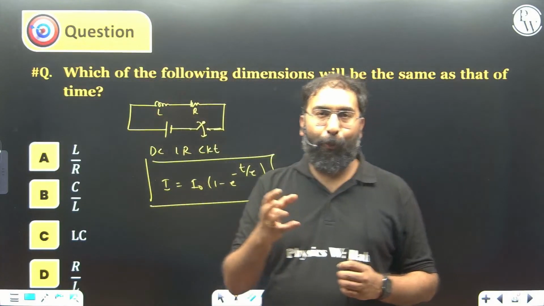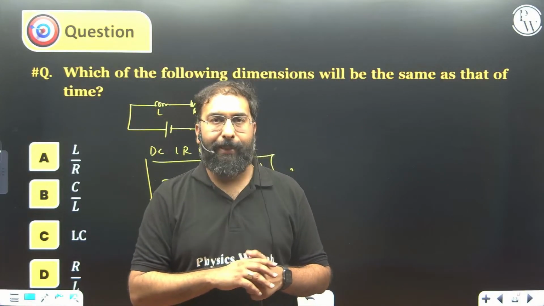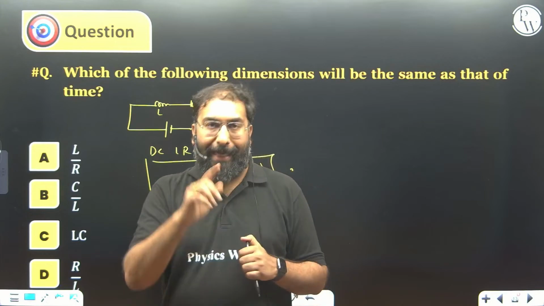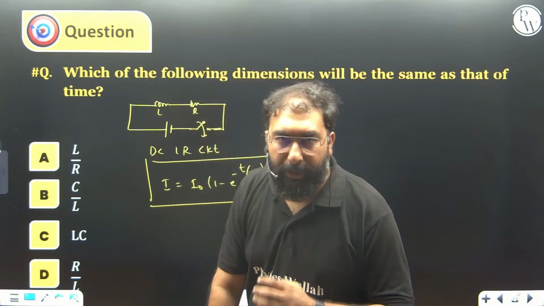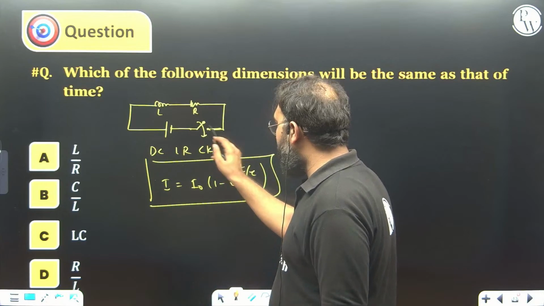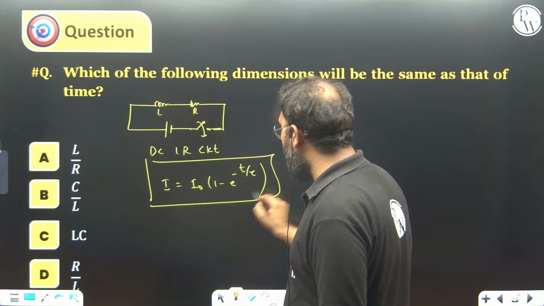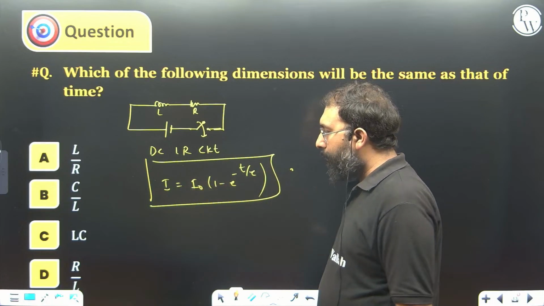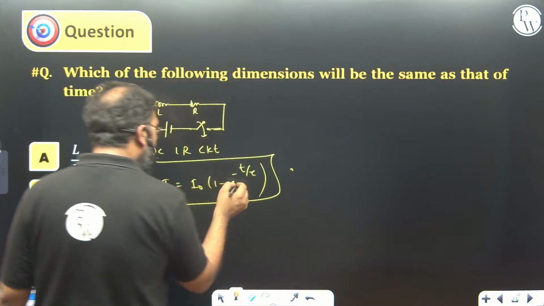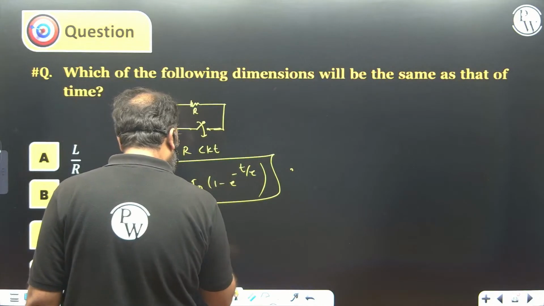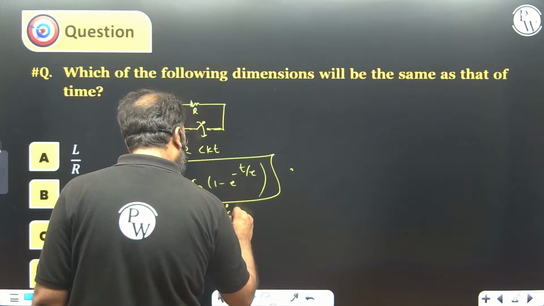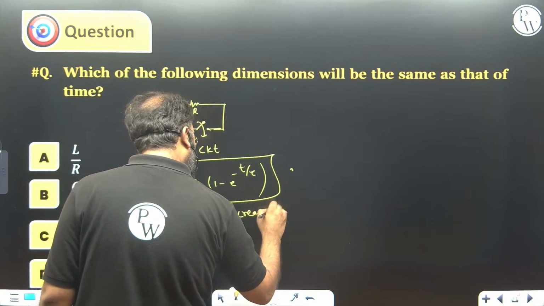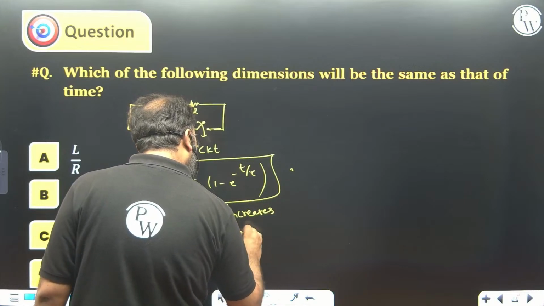When the switch was open, there was no current flowing in the circuit, and as soon as we close the switch at t equals 0, the current flowing in the circuit is 0. So this equation is correct. We can see that the current increases exponentially.